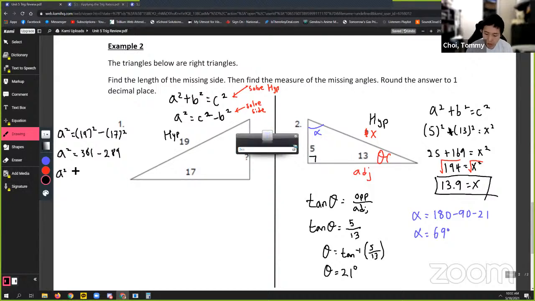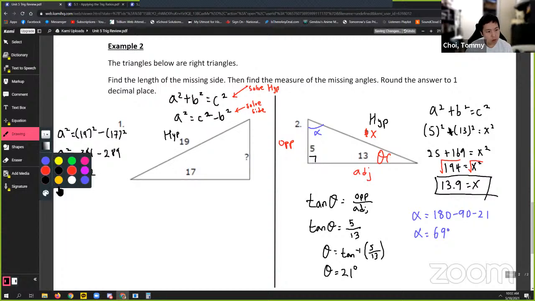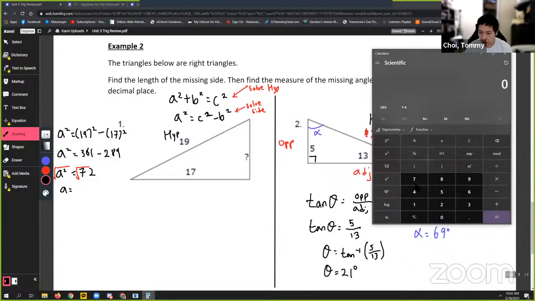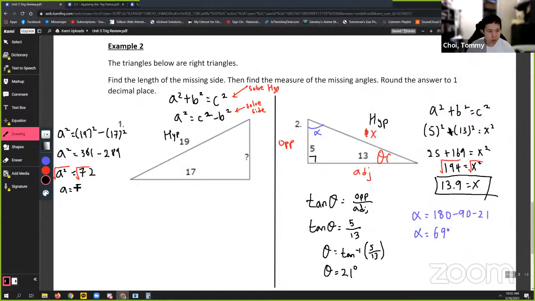Subtracting that, 361 minus 289 gives me 72. We square root both sides, and we get a is equal to the square root of 72. Square rooting that, we get 8.5, rounded to the first decimal place.